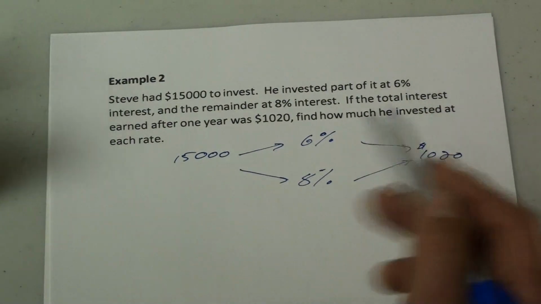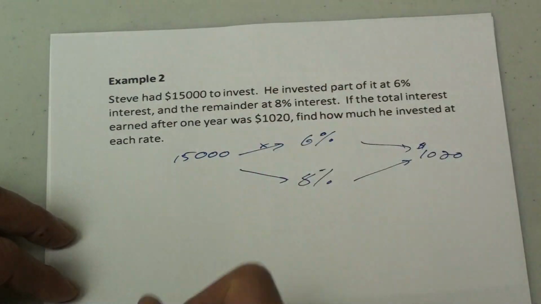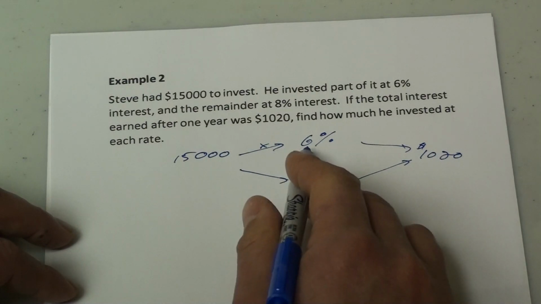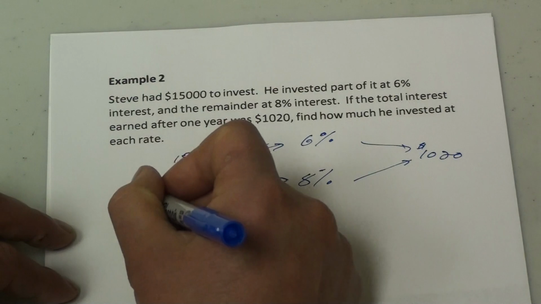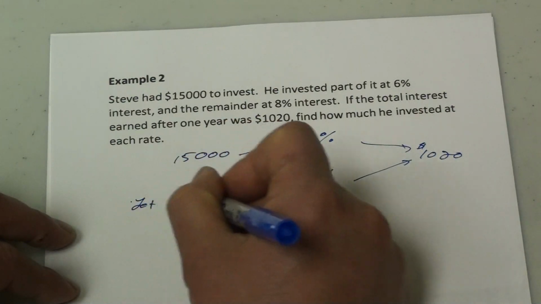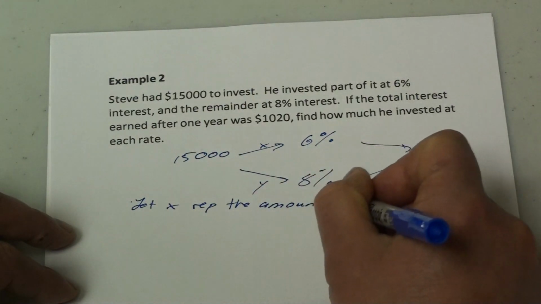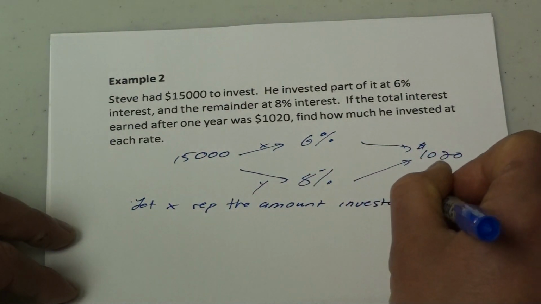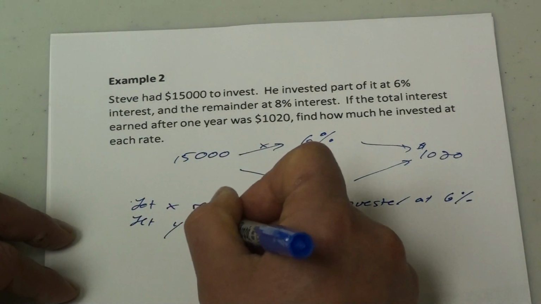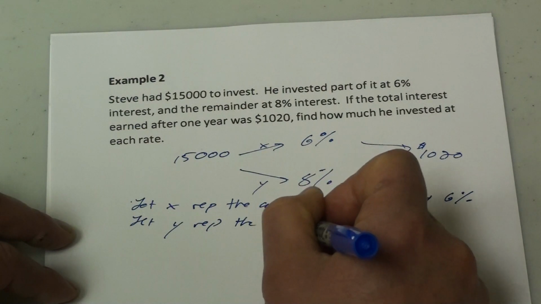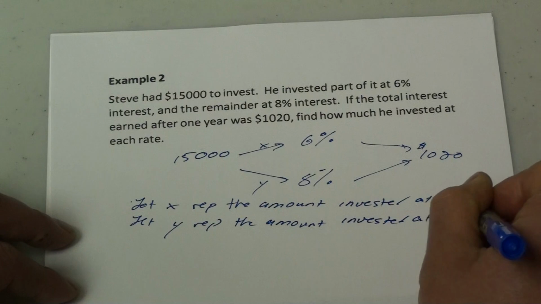And he's going to gain $1,020 in interest coming from both accounts. Okay, so we need to figure out how much is going to go into each of those accounts. We'll let x represent the amount invested at 6%, and we'll let y represent the amount invested at 8%.